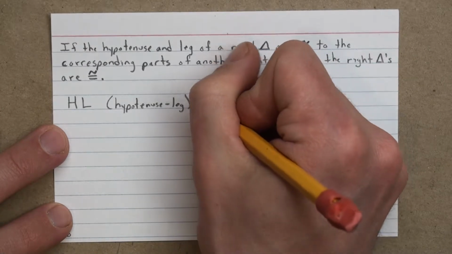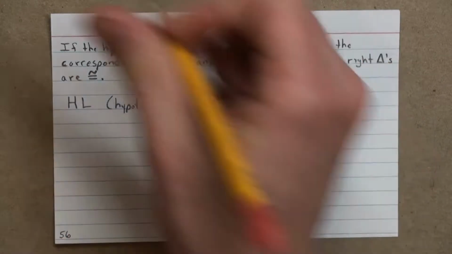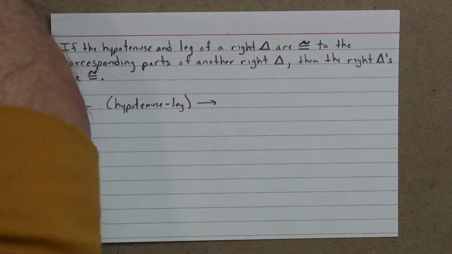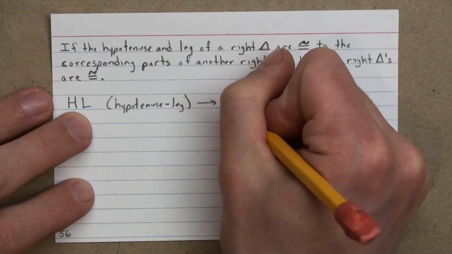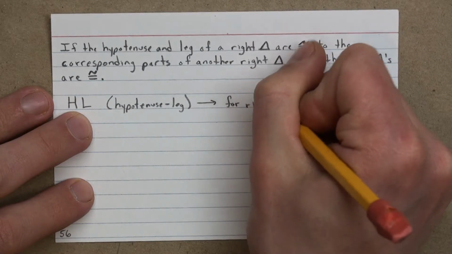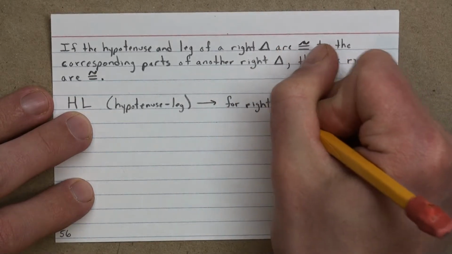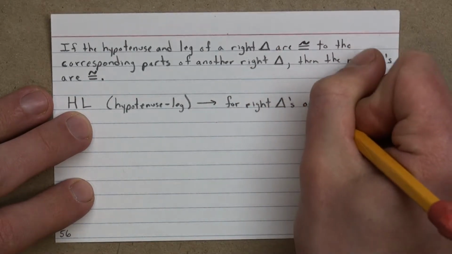Put a little arrow and put here, let me just see how I put it on the last card. This is for right triangles only.